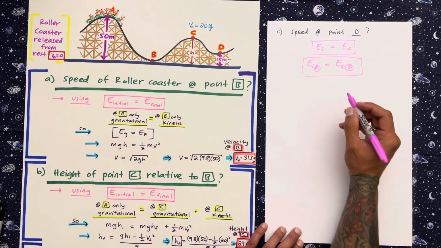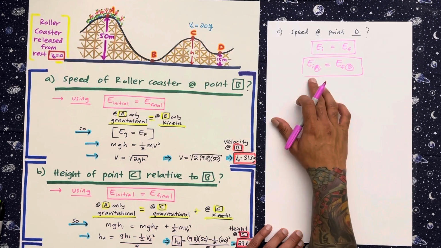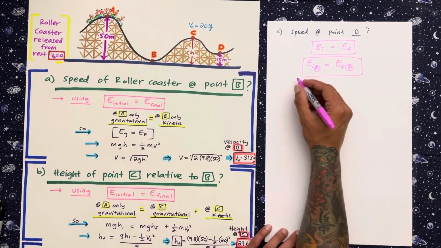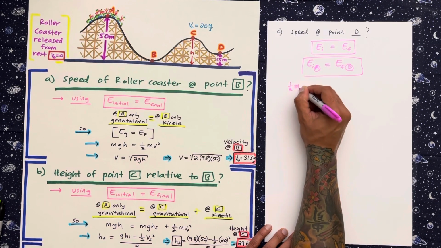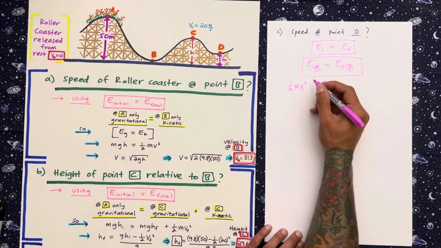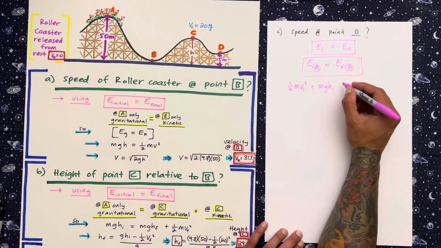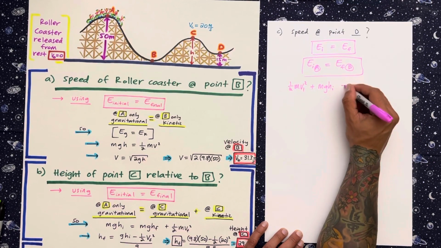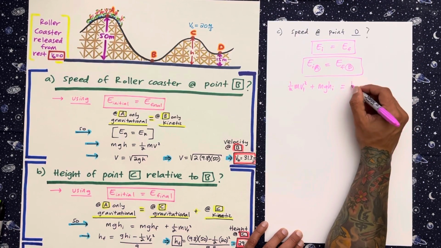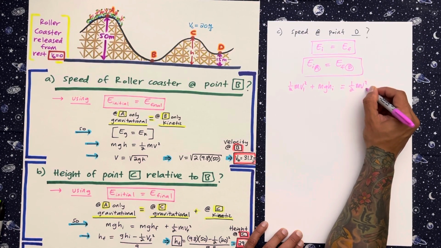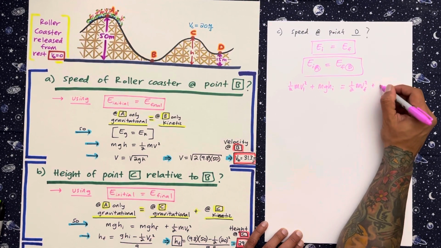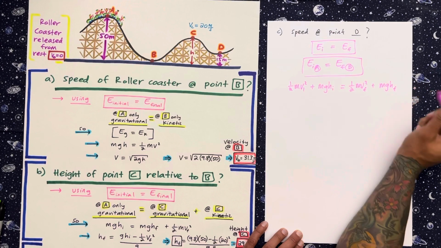Okay, so now, here we have 1/2 mv squared initial plus mgh initial, that's for this side, equals, now we're gonna do the final, 1/2 mv squared final plus mgh final.